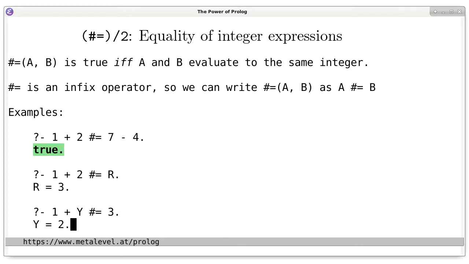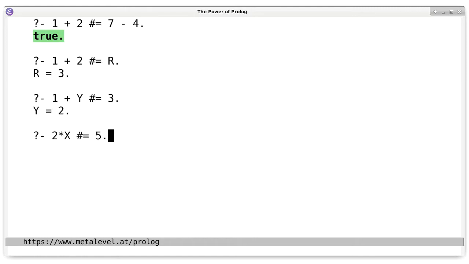In some cases there is of course no solution. For example, if we ask, is there some integer X such that 2 times X is equal to 5, then the system tells us no, there is no such integer X. And when we ask, are there integers X and Y such that X plus Y is equal to 1 plus 2, then the system tells us this is the case if X plus Y is equal to 3.